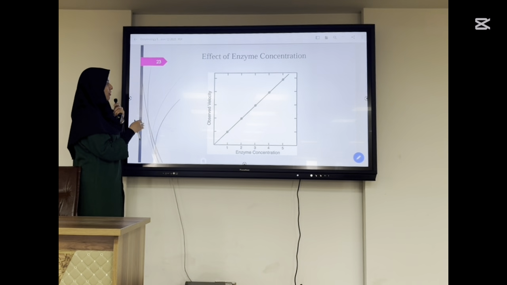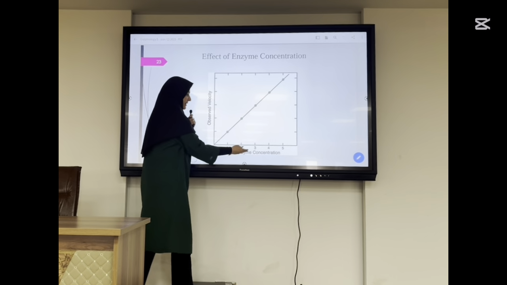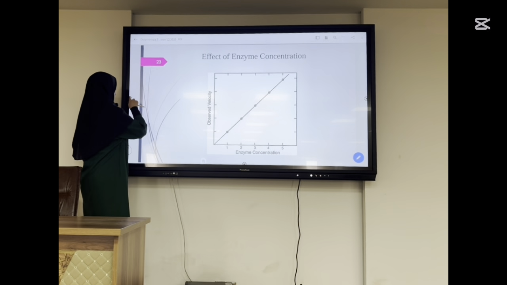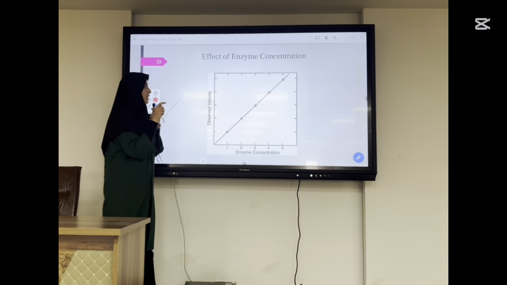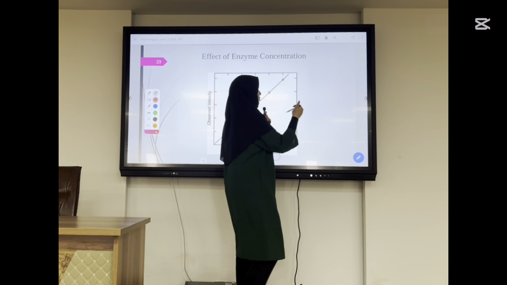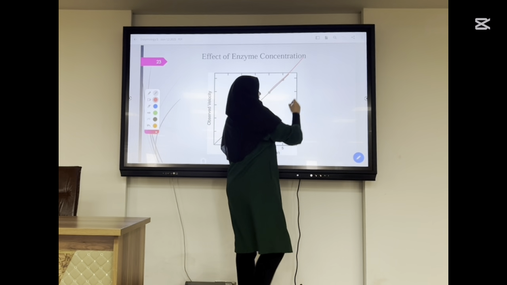But if I draw velocity against enzyme concentration, if you have a condition where you have a lot of substrate, you have a straight line.